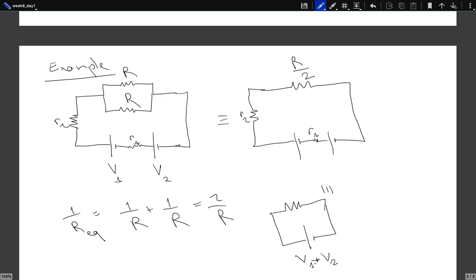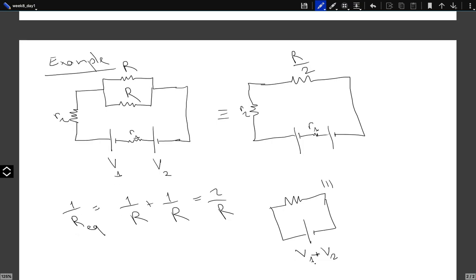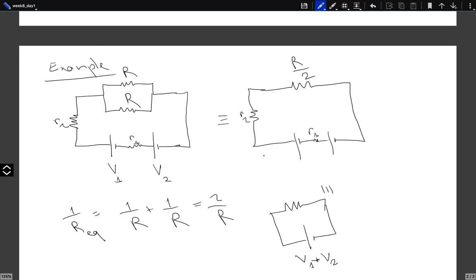You can just imagine you are carrying a positive charge from this point all the way to this point. It will gain a potential difference V1 here and another potential difference of V2 over here. So the total potential difference it will see, assuming there is no current running through my system, will be just V1 plus V2. So I can just replace both of those batteries with an equivalent EMF source providing an EMF of V1 plus V2. And the equivalent resistance is just R over 2 plus R1 plus R2.